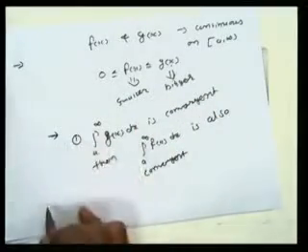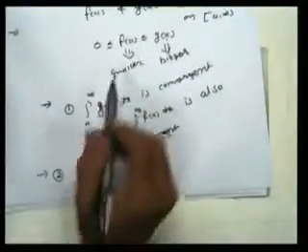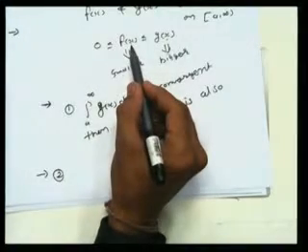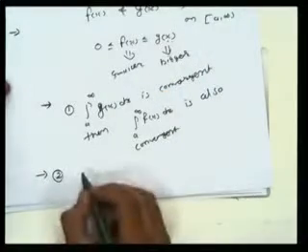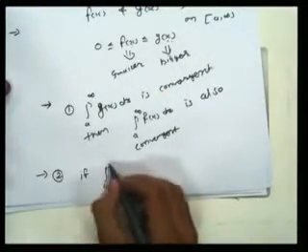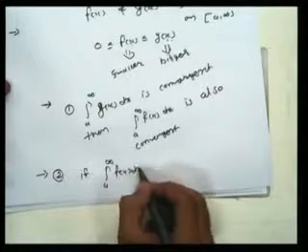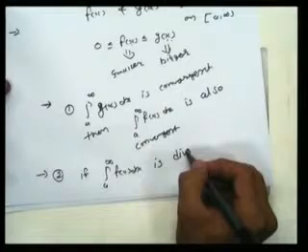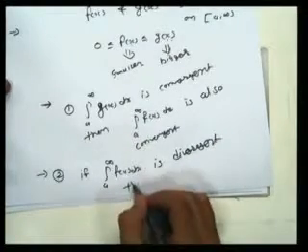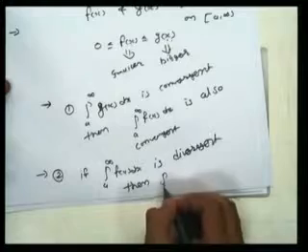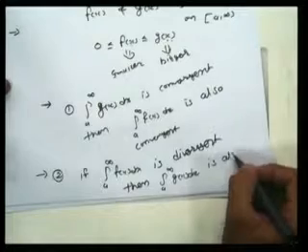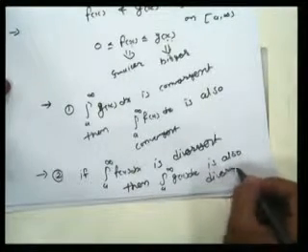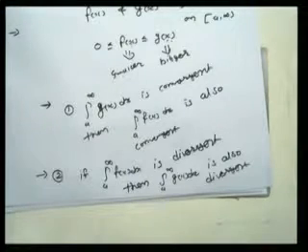This is the first result. Second, if the smaller integral is divergent, that means the integral from a to infinity of f of x dx is divergent, then the integral from a to infinity of g of x dx is also divergent. So this is the concept to understand in the direct comparison test.